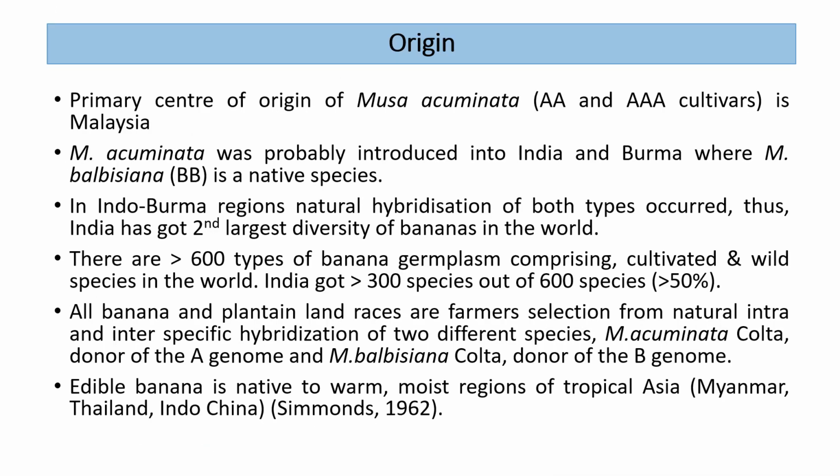Then coming to the origin, there are two species, Musa acuminata and Musa balbisiana. For Musa acuminata, the primary center of origin is Malaysia, and Musa balbisiana is native to India and Burma. So Musa acuminata was introduced to India and Burma, where Musa balbisiana was a native species.